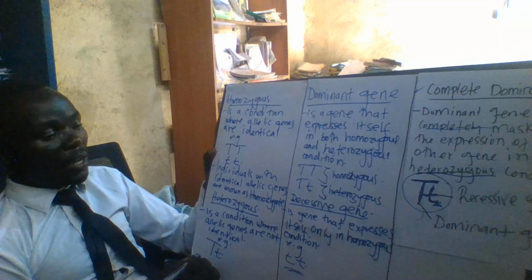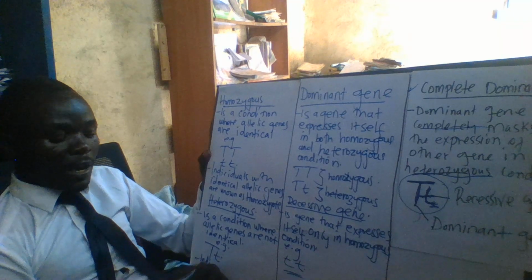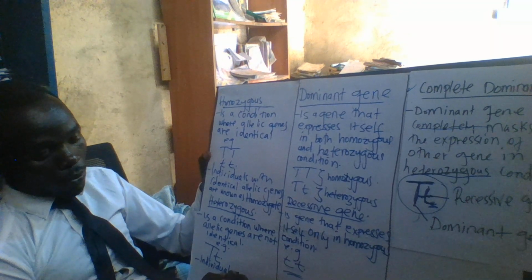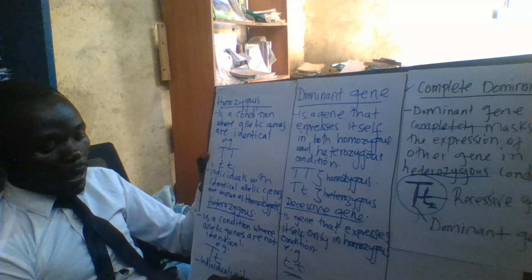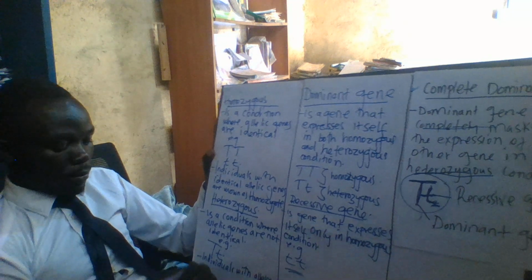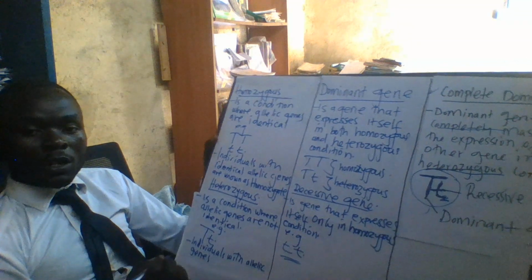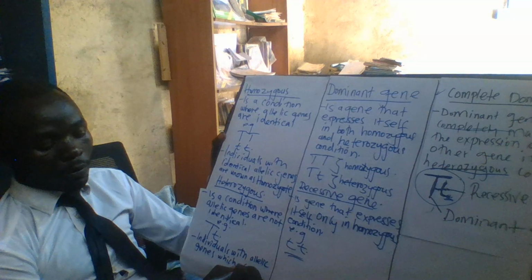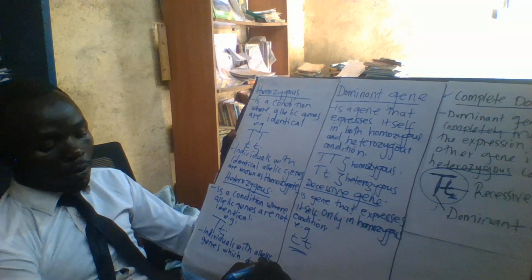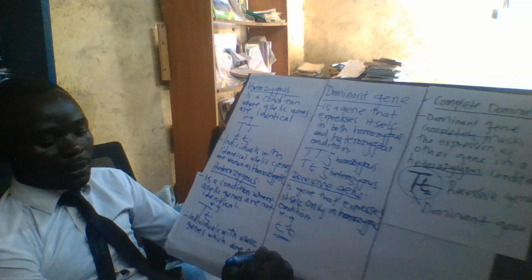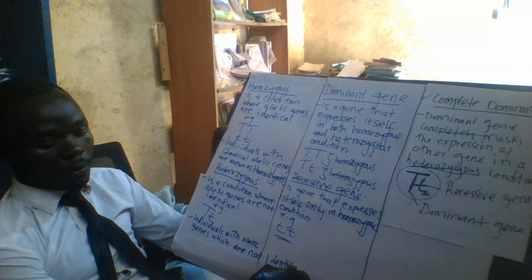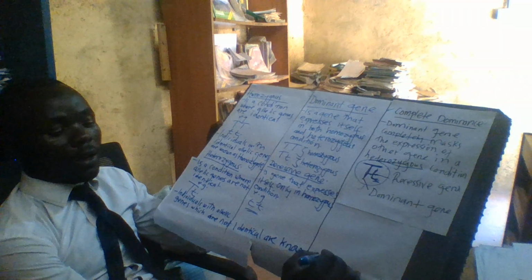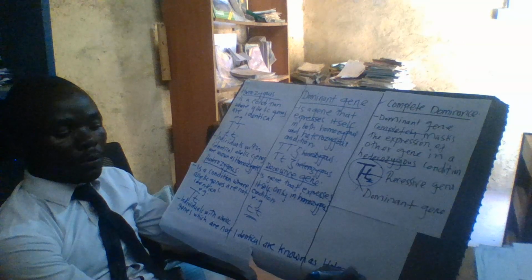Now, who are these individuals? Individuals with allelic genes which are not identical are known as heterozygotes.